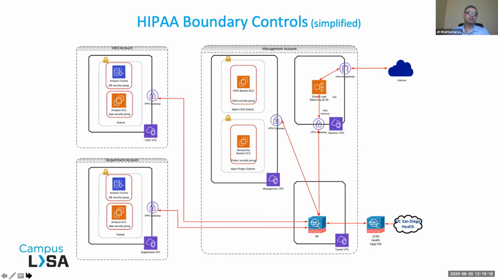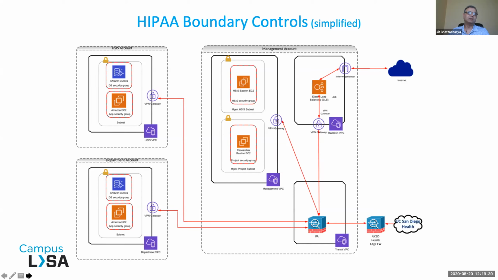But then it goes through the Palo Alto firewalls and then goes up to what's called a bastion host that is managed in the management account, by IS. And from there, it can jump over to any of the resources in the individual accounts that they can have developer or administrator access to, right?